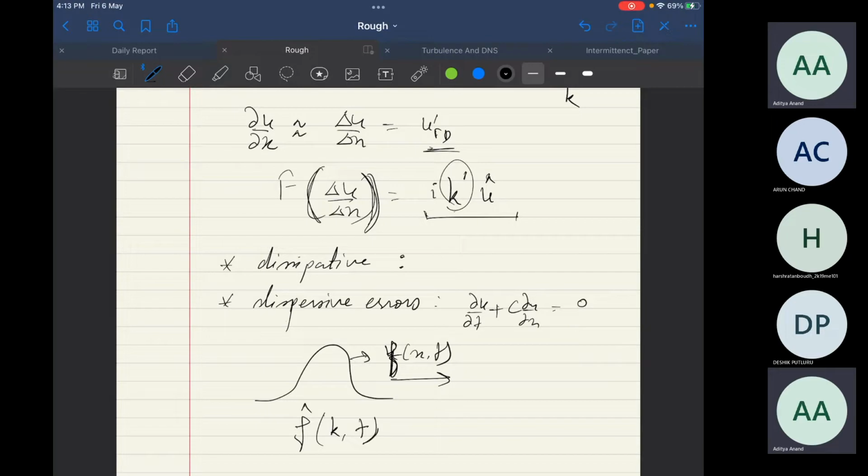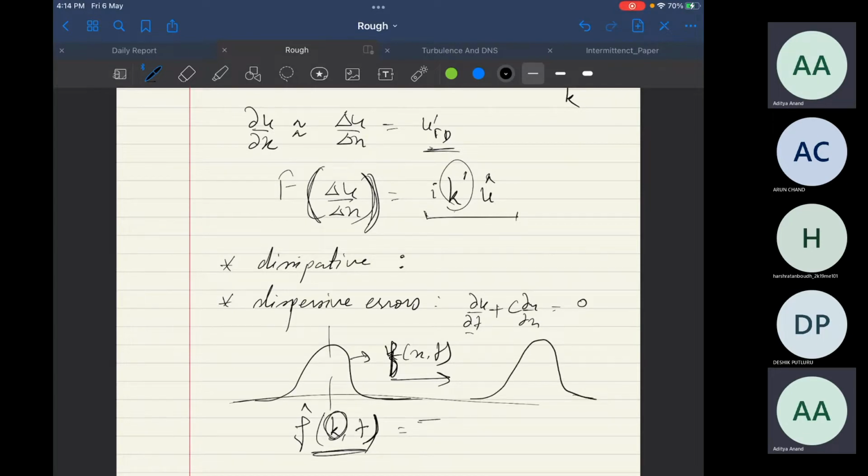Now, the thing is, as per the finite difference scheme, the different wave numbers here will have different speeds in the solution. So ideally this solution should travel from this point to this point without any distortion.